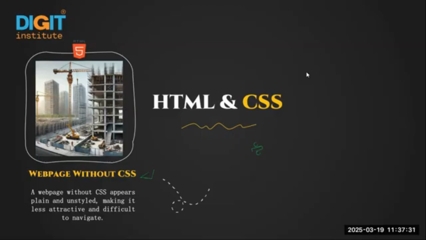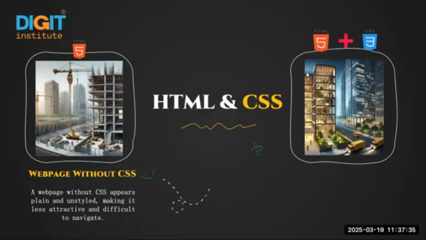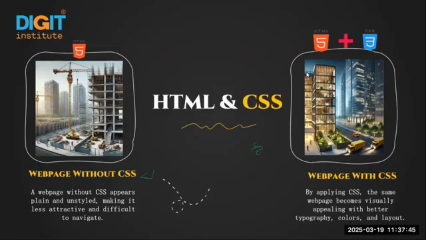When we compare this with CSS, it is going to look this way. You can see the colors now, you can see how it appears. So this is a web page with CSS. Here we apply the CSS, and it talks about the structure, the layout, what colors we are going to use, and how to make the visibility better.